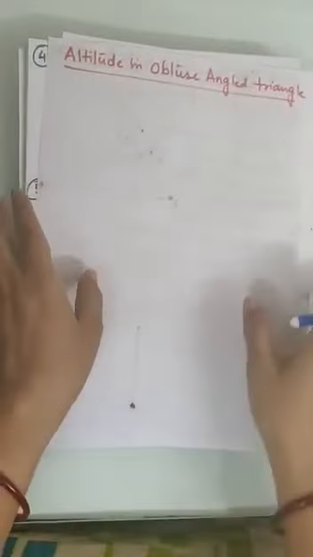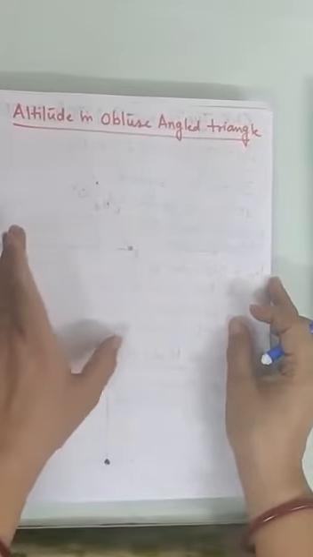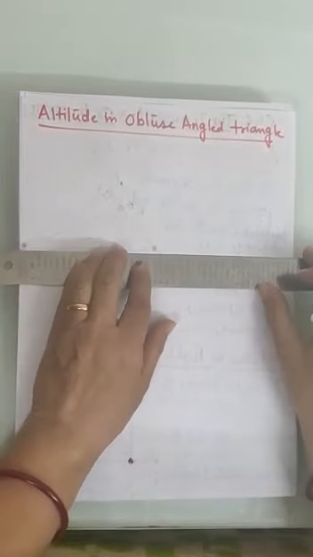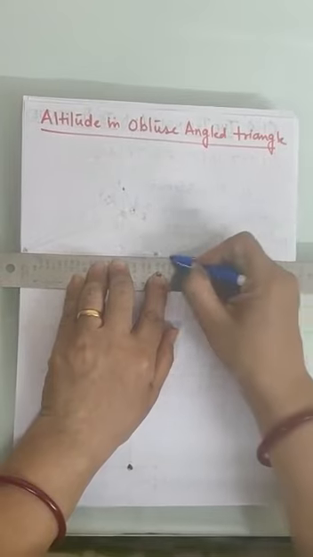Now finding the altitudes in an obtuse angled triangle. Okay, so let us draw an obtuse angled triangle. This is a very important question बेटा, ये एग्जाम में ऑलमोस्ट पूछा जाता है.